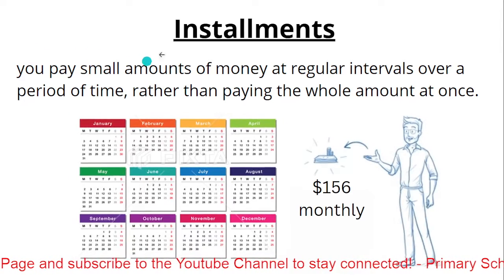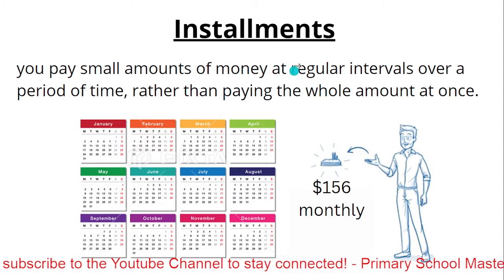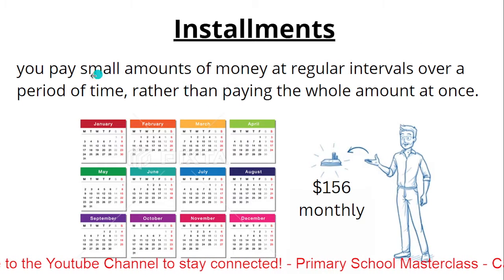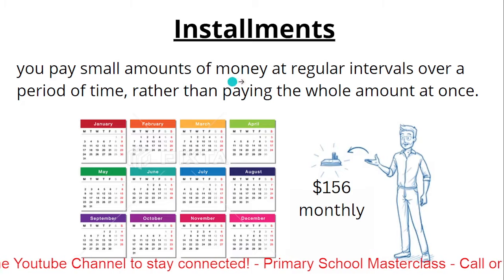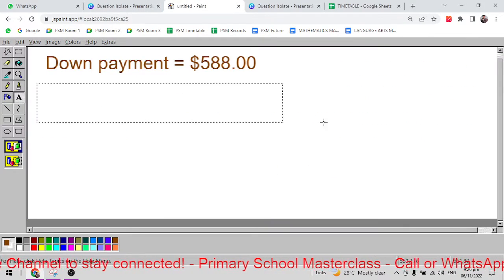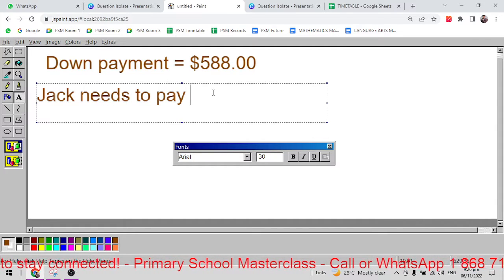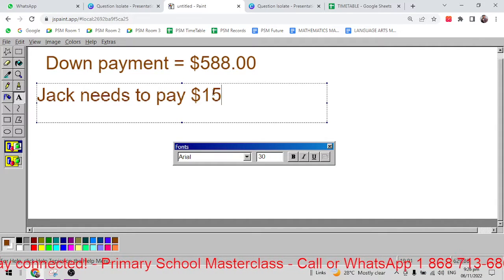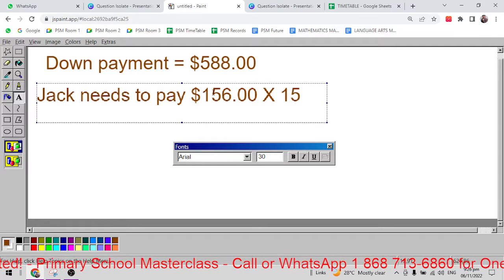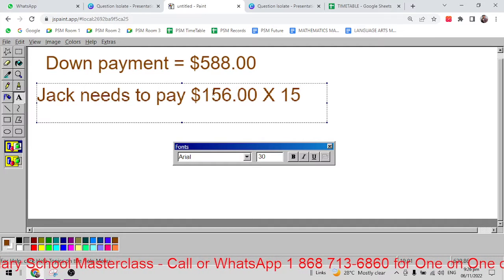You pay small amounts of money, in this case $156, at regular intervals, in this case 15 months, over a period of time, rather than paying the whole amount at once. So, Jack needs to pay $156 multiplied by how many months? 15 months, right?